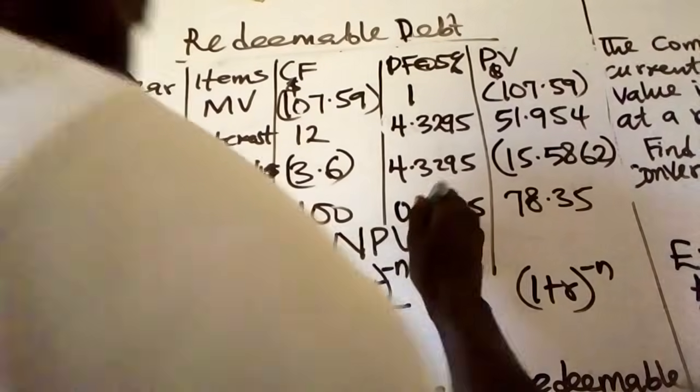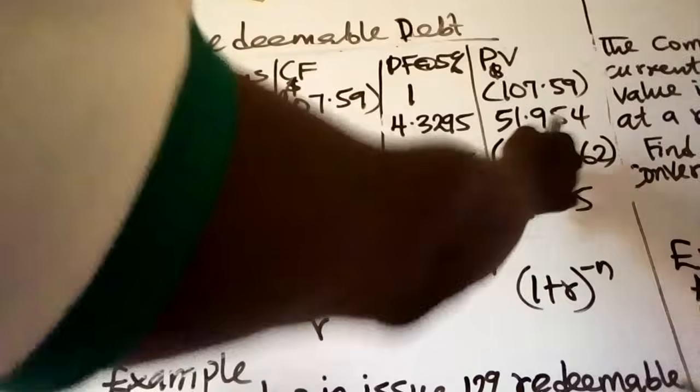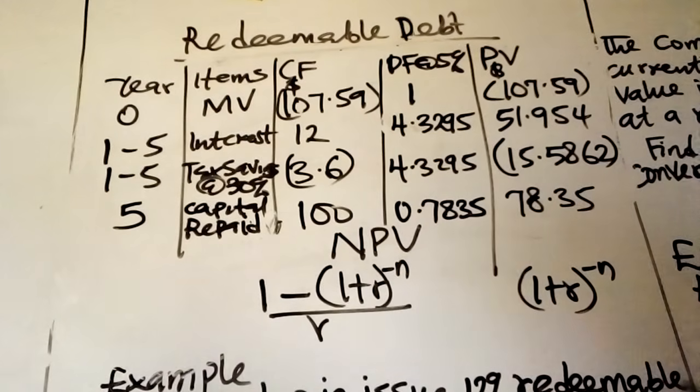Net present value. So this minus this: 50.5862 plus 51.954 minus 107.59.